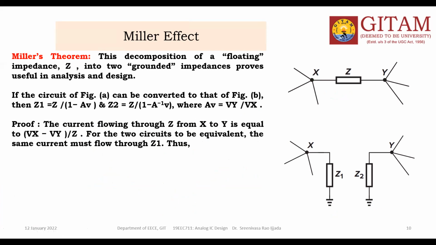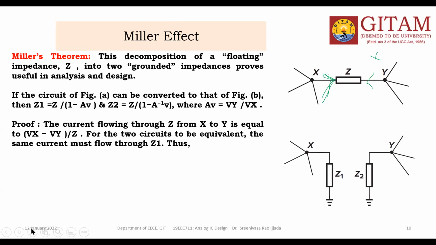Now the proof. The current flowing through Z from X to Y: you can find the two directions are the same. If current is flowing in only one direction, this is not valid for the Miller theorem.